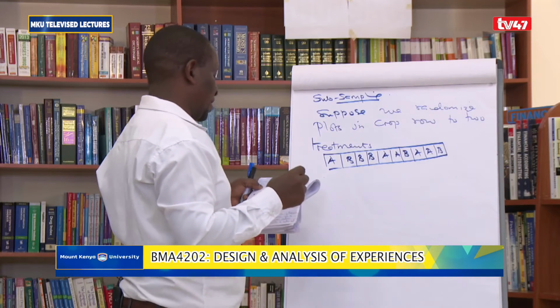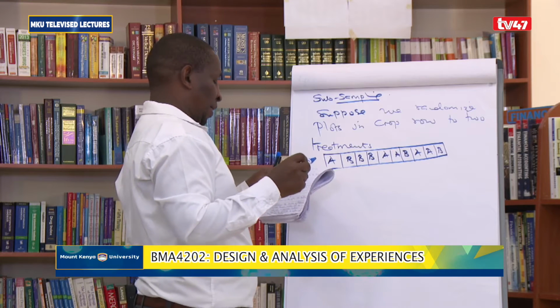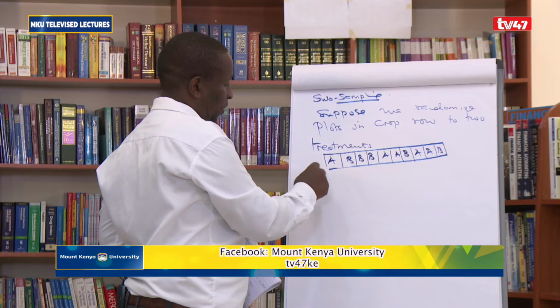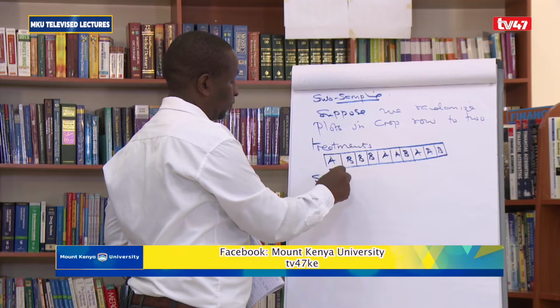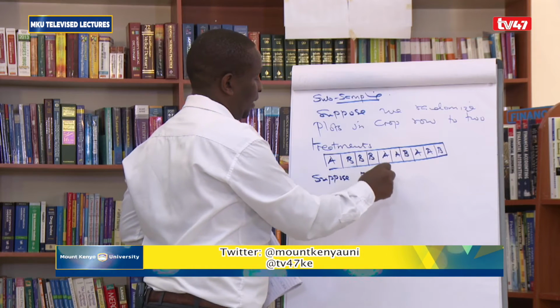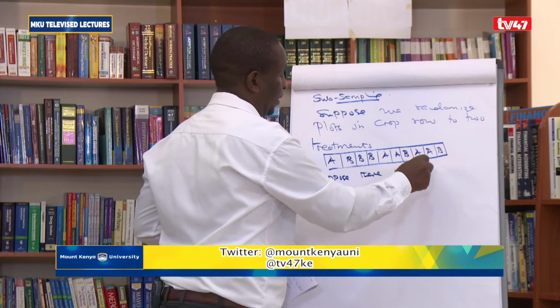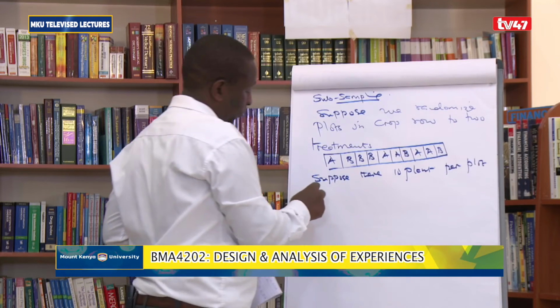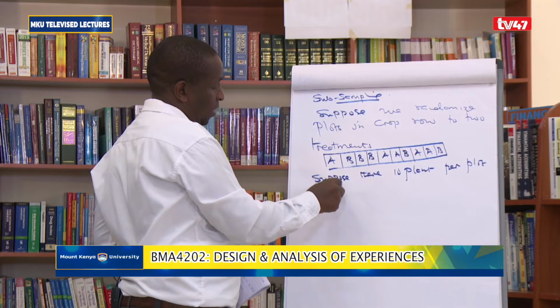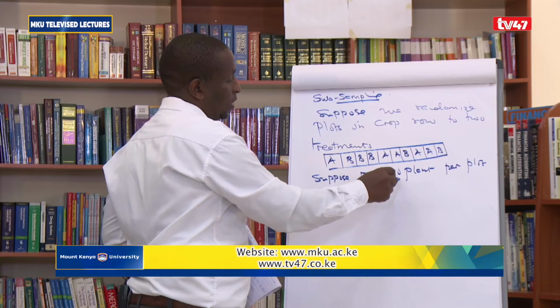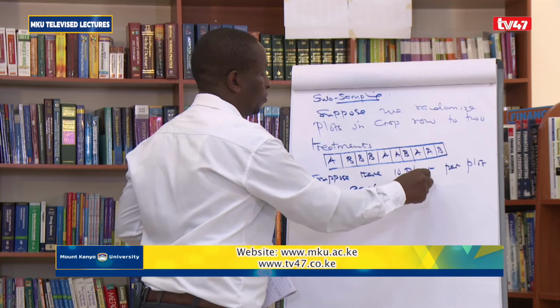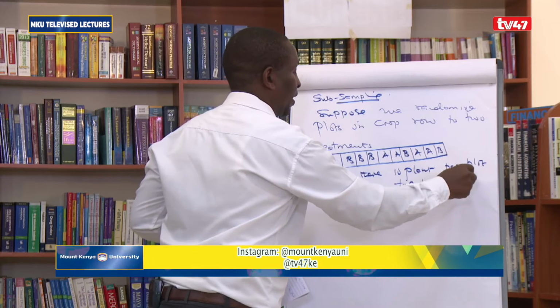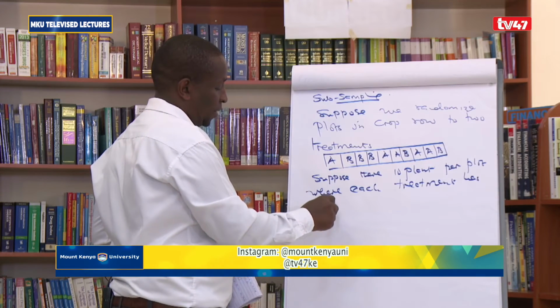And we measure the size of all the plants in each plot. Suppose there are 10 plants per plot, where each treatment has been applied.